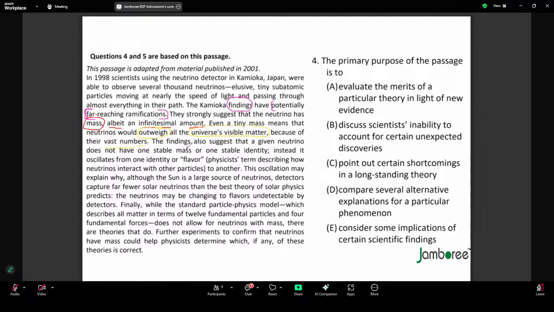Now, the findings also suggest that the neutrino does not have one stable mass or one identity. Instead, it oscillates. And in fact, this explains why although the sun is a large source of neutrinos, detectors capture far fewer solar neutrinos. That's why detection is far lower, because they're so elusive, undetectable by detectors.